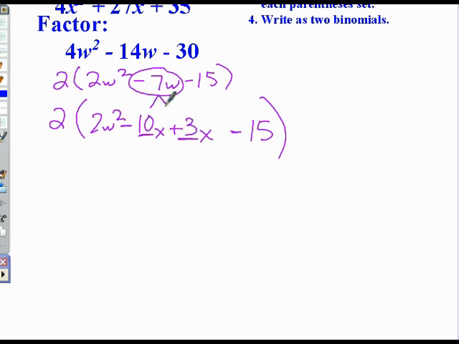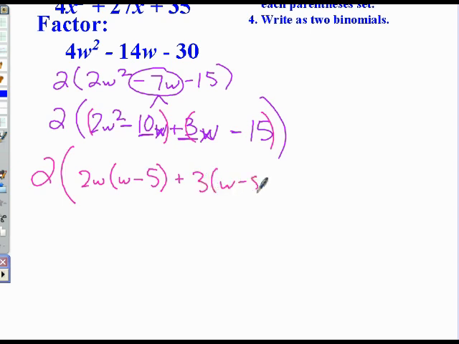That gives us the negative w's. Negative 10w combined with positive 3w gives us negative 7w. And then when we group the first two terms and the second two terms and factor out what they have in common, I get 2w times w minus 5, plus 3 times w minus 5.